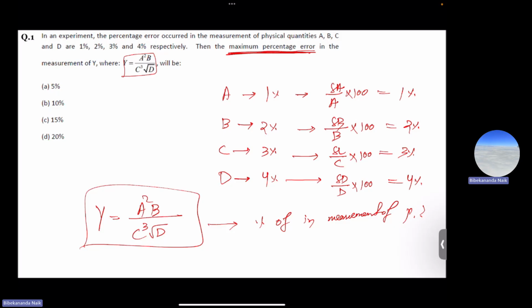So in this question it is mentioned to calculate the maximum percentage error. So what we will do? The expression for y is given as y equals a squared b divided by c cubed root d.